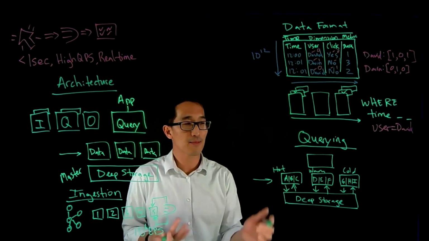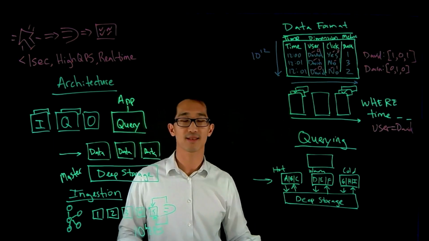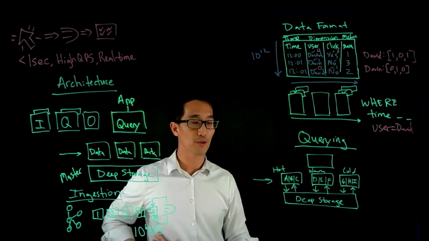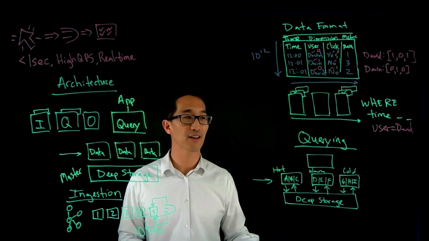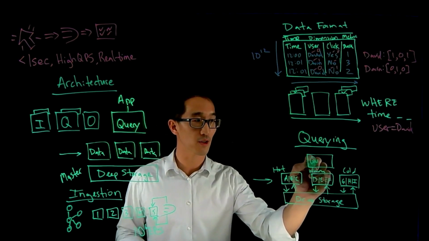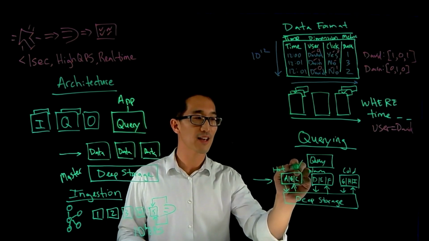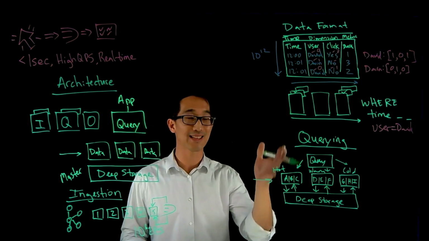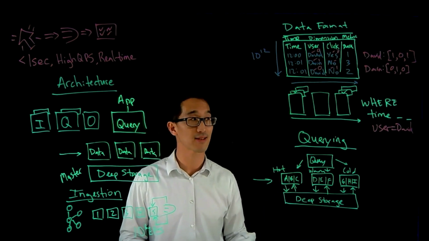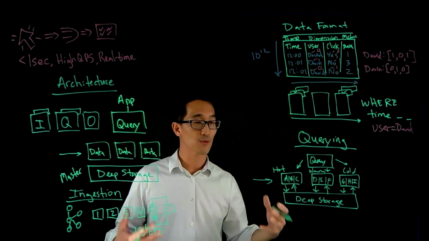And so the last step for query processing really comes down to how we process data. For the really fast queries, Druid utilizes what's known as scatter gather, where the core query engine or query node will accept the query from the application. It will fan out and distribute the query to the respective data nodes that contain the segments that are necessary based on the type of where filters being asked for in the queries.